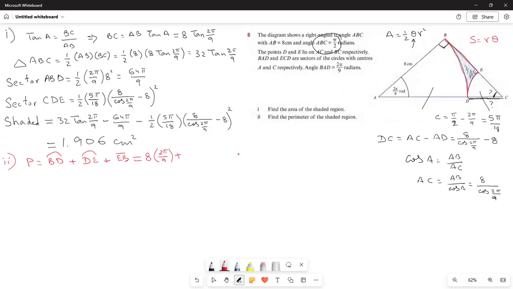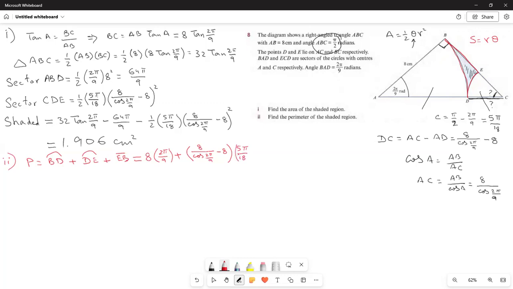Plus the DE arc. For this arc, I need to know the radius, and the radius here was complicated. Remember, it was 8 divided by cosine of 2 pi by 9 minus 8. Okay, so this is r, and theta was 5 pi by 18.